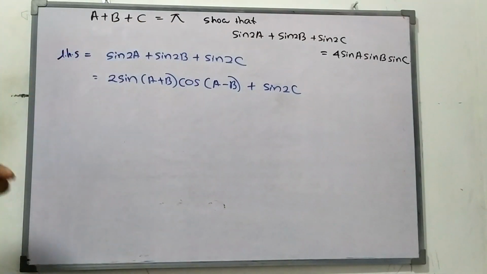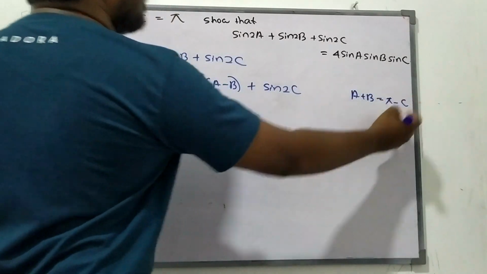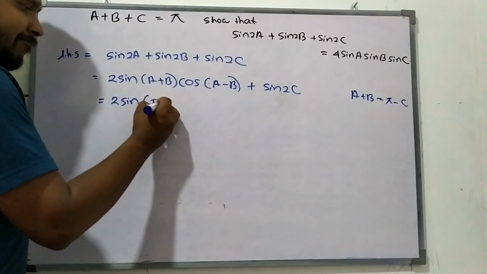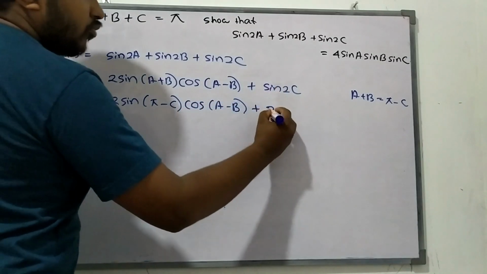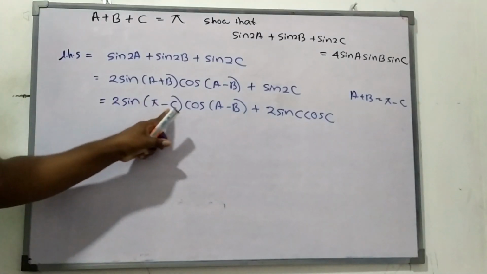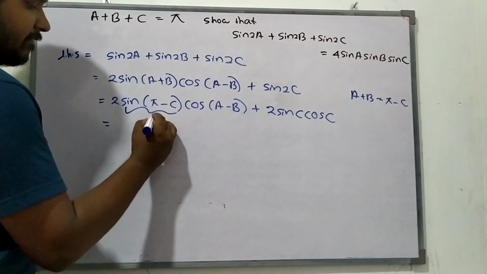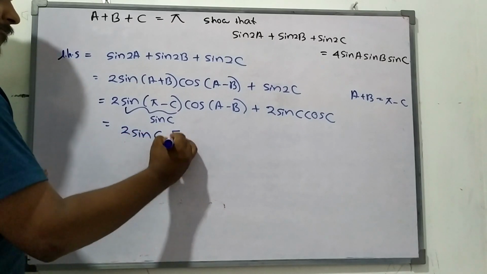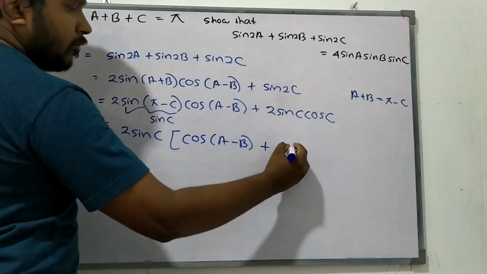A plus b means pi minus c, no? Then cos (a minus b). This is 2 sin c cos c. 2 sin (pi minus c) means 2 sin c. So 2 sin c can be taken out: cos (a minus b) plus cos c.